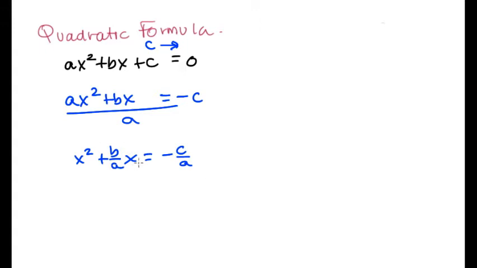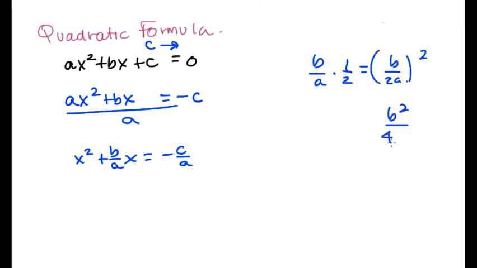So now we complete the square. What we have to do is we have the b term, which is b over a x, and we square it. So how do we do that? We take b over a and divide it by 2. So that's just going to be b over 2a, right? What happens when we square that? That's going to be b squared over 4a squared. Alright, so that's the half square method of our b over a x.